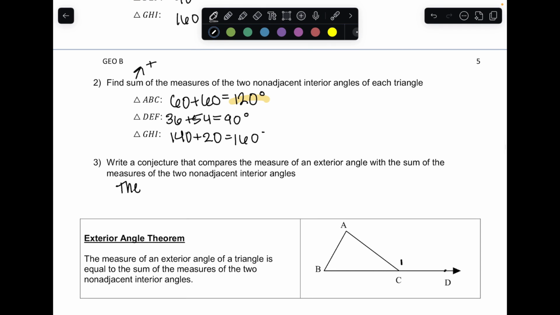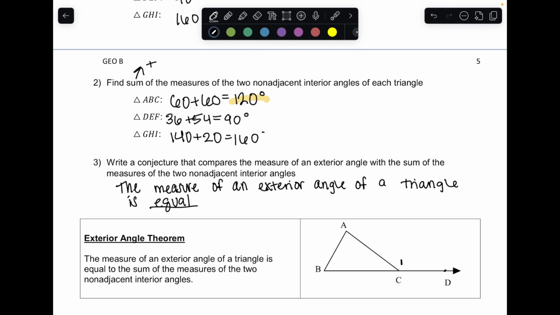The measure of an exterior angle of a triangle is equal, that's the relationship that we found, equal to the sum of the measures of the two non-adjacent interior angles.